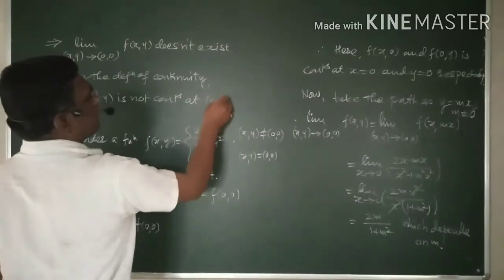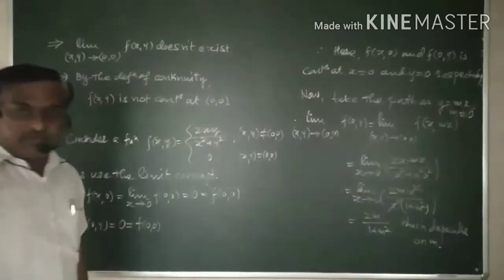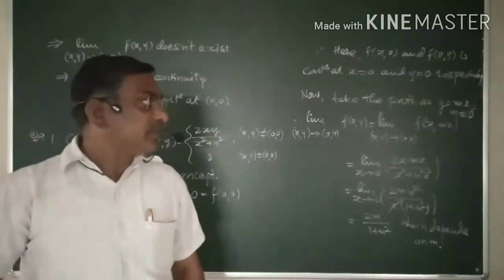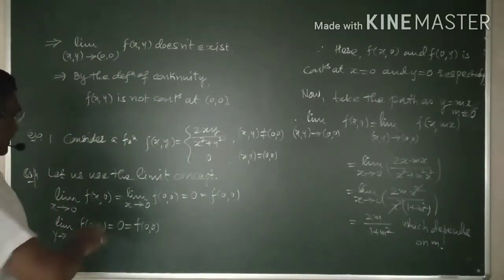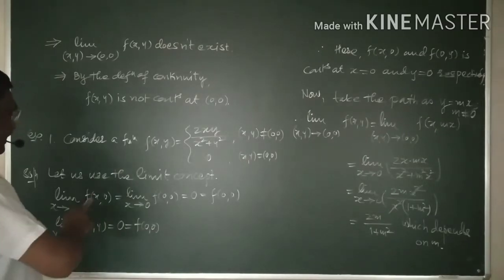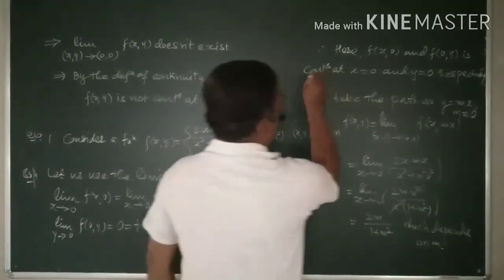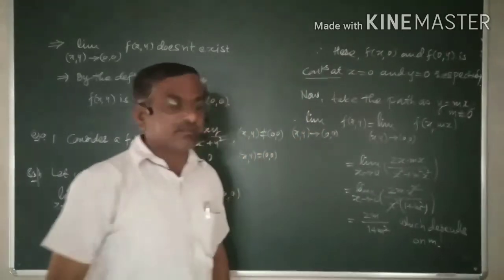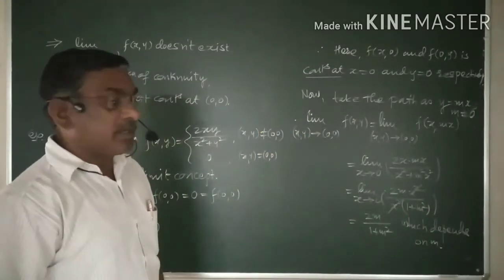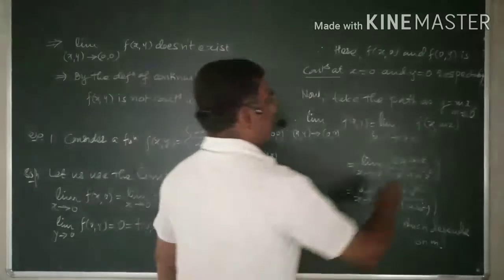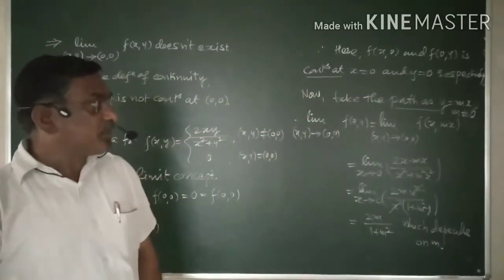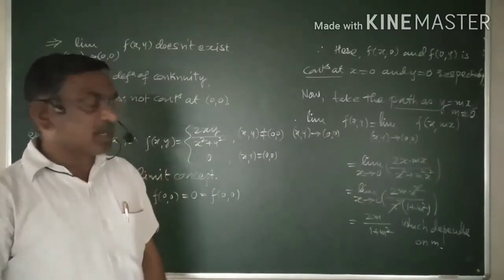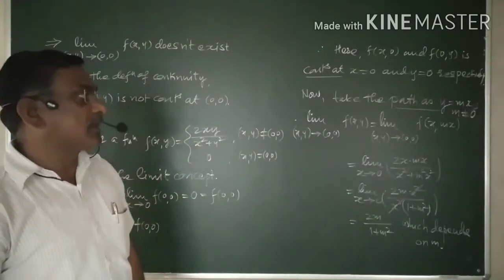This is the example which justifies the converse of the given theorem, that even though the functions of one variable are continuous, as we have shown here, continuous at x is equal to 0 and y is equal to 0 respectively, if I check the function of two variables for continuity, then it may not be continuous.